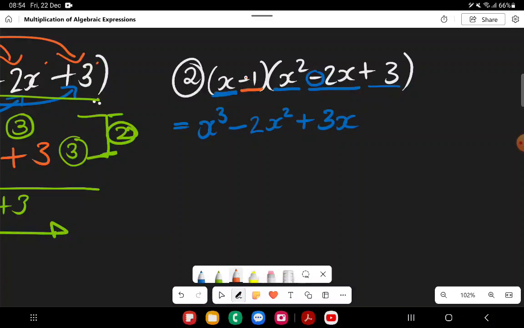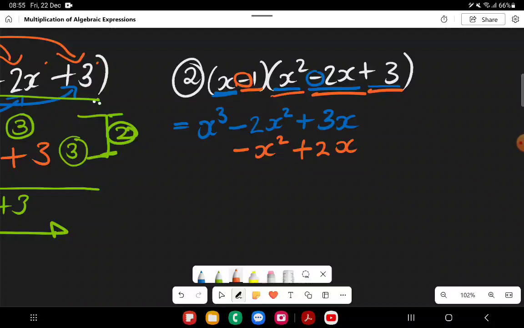Now I'm going to say negative x. So minus times x squared is going to be minus x squared. Minus 1 times minus 2x. Minus and minus is plus. 1 times 2 is 2, and the x. So I've done that one.